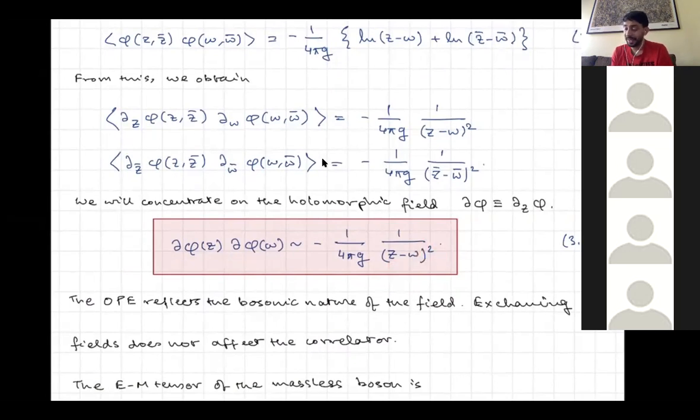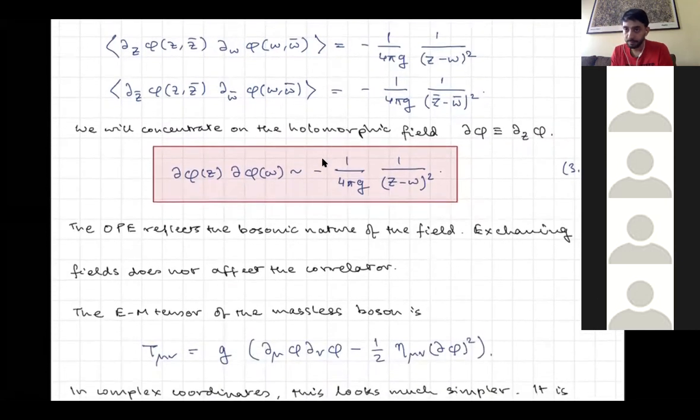This OPE reflects the bosonic nature of the field. If you exchange this phi with this phi here, this will not change the form of the 2-point function. So you can take it through each other, and the form stays the same. That reflects that this is actually a boson that we're dealing with.